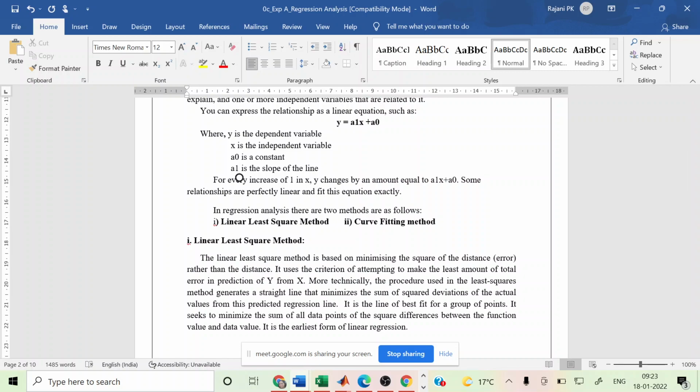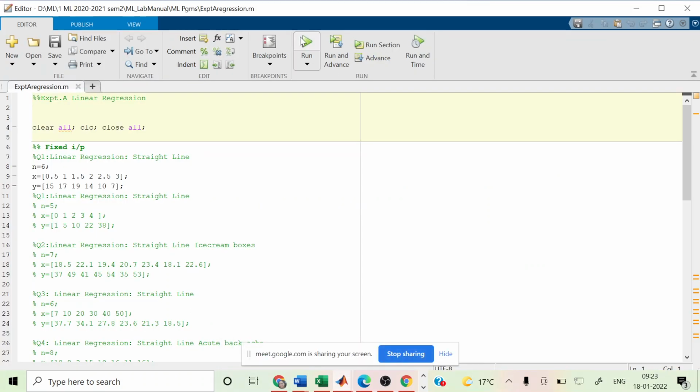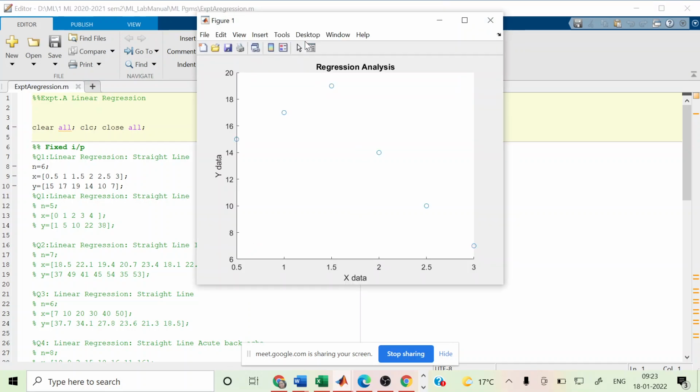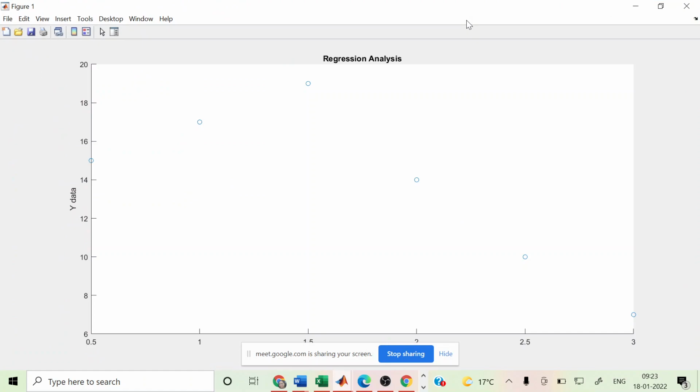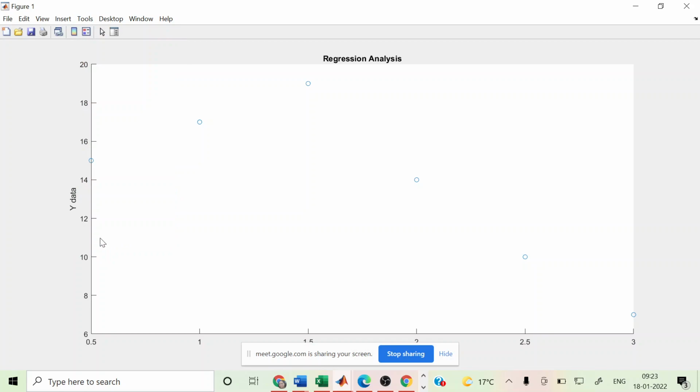Okay, that is what I was telling you. I'll just execute it and I'll tell you why it is the least square method. You can see that you have to go to basic fitting.